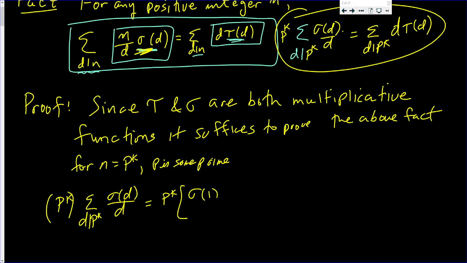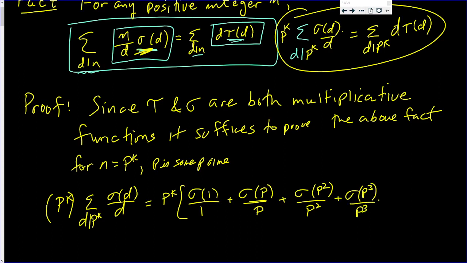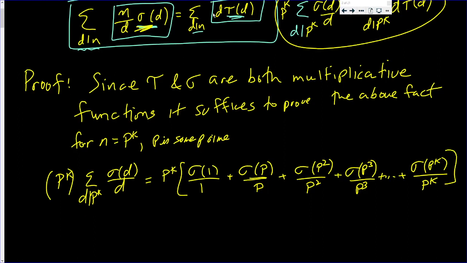All the divisors are 1, p, p squared, up to p to the k. So we get sigma of 1 over 1, plus sigma of p over the divisor p, plus sigma of p squared over that divisor, plus sigma of p cubed over p cubed, all the way up to sigma of p to the k over that divisor.